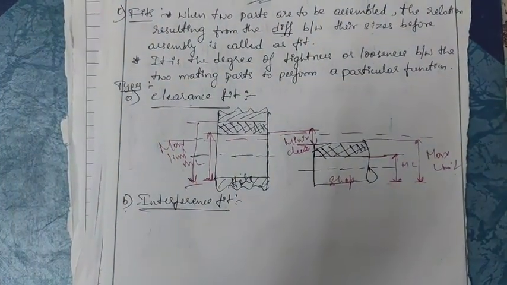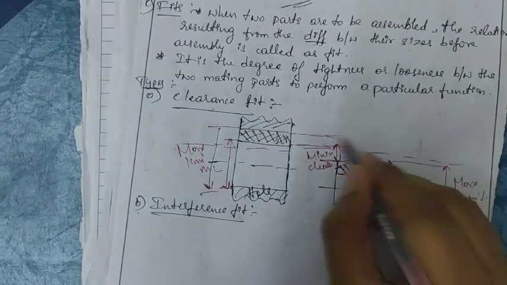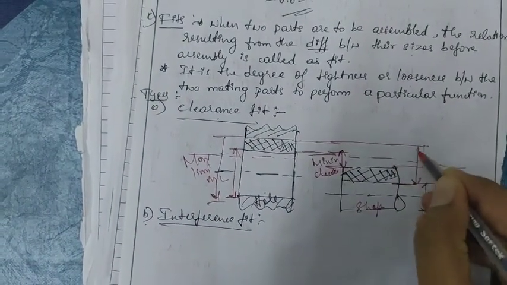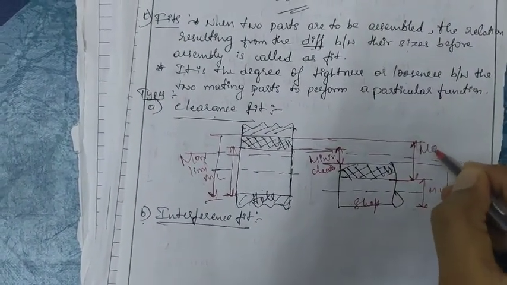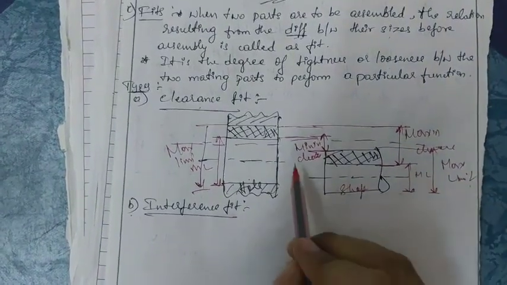And the minimum limit of the shaft and the maximum limit of the hole, we can call the maximum clearance. Try to understand.